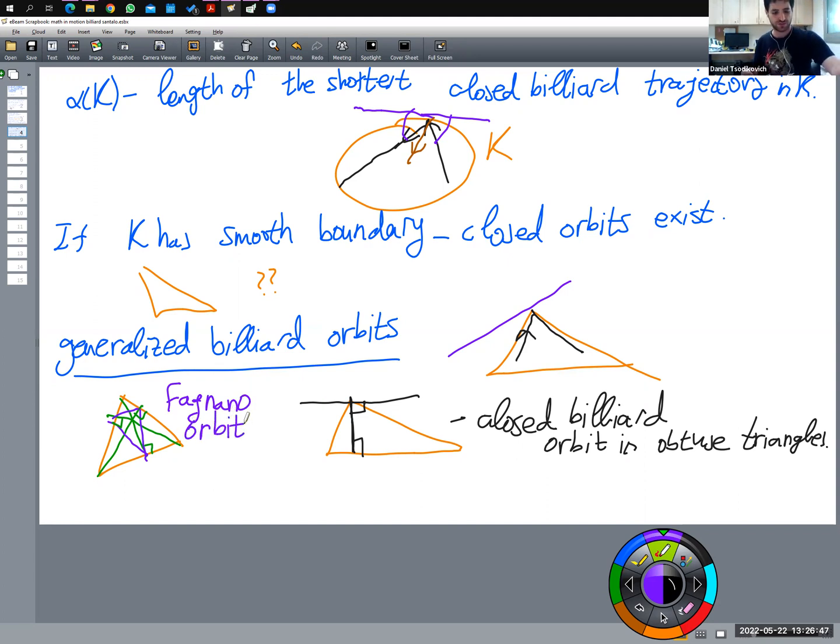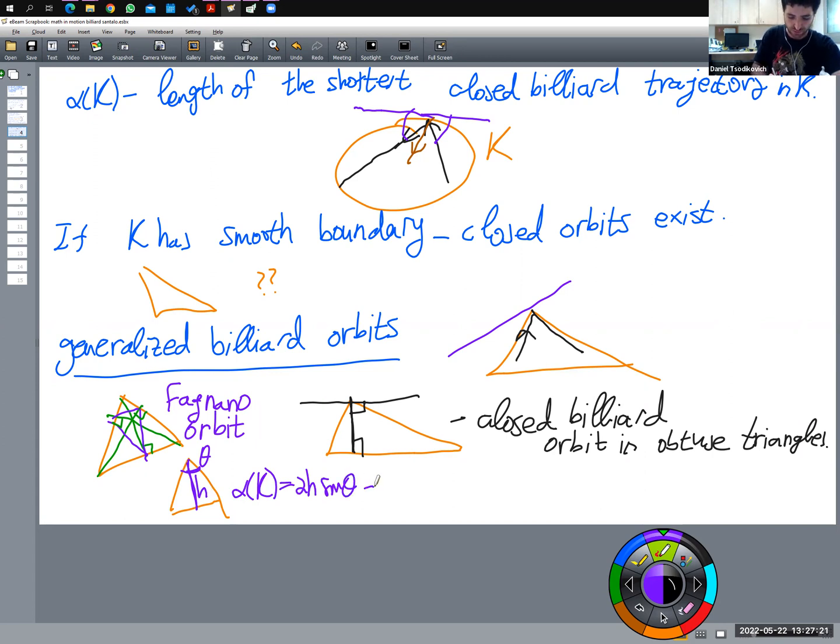This is well known and has many expressions. We will need one expression for it. One of the ways to compute it is the following. If one of the altitudes has length h and goes from an angle theta, then in this case, alpha of K is 2h sine theta.